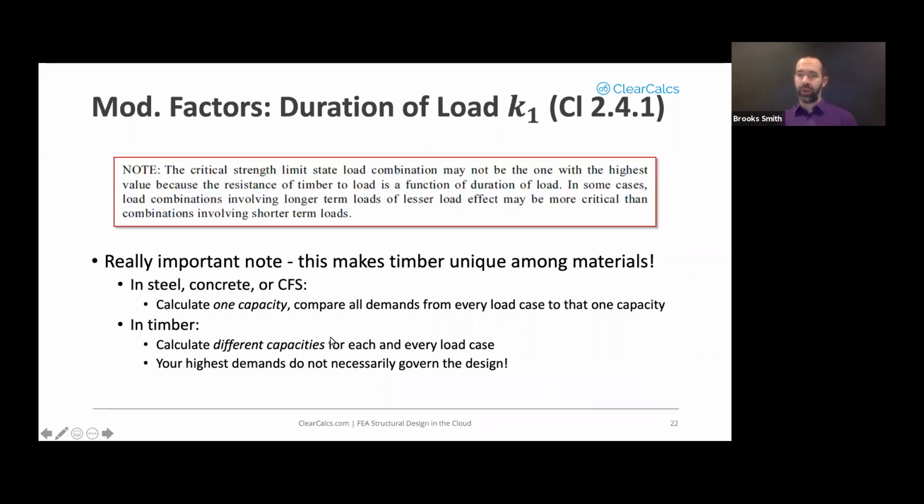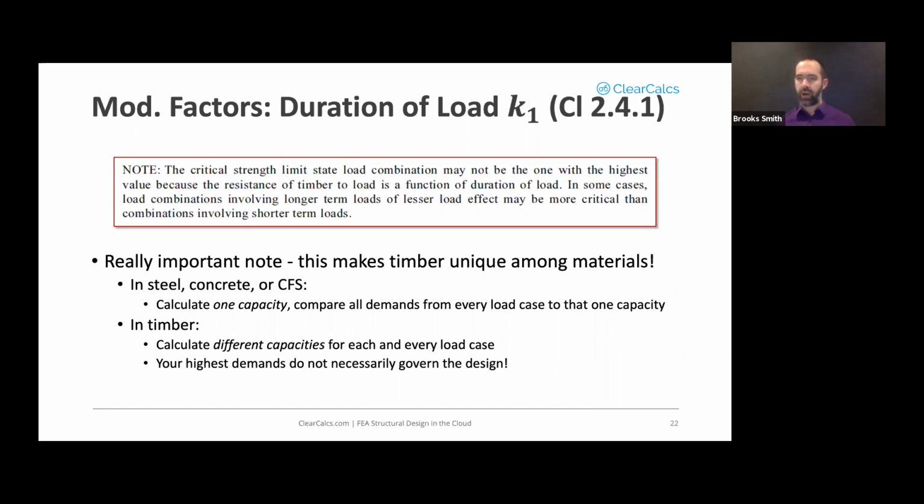Now there's a really critical note that's listed in small text in clause 241 that I want to highlight here. And that's saying that the critical load combination may not be the one with the highest demands in timber. This is really unique. This makes timber unique among materials.